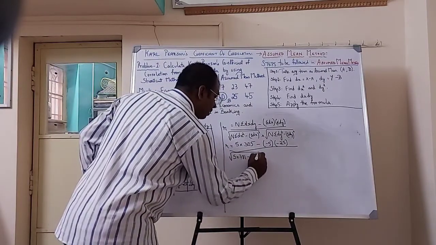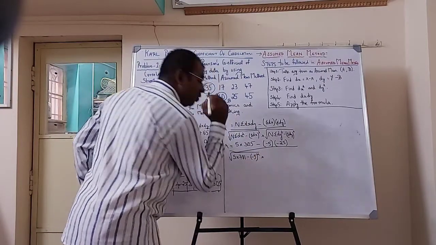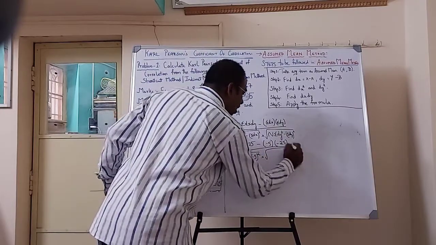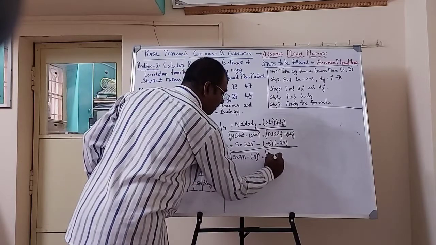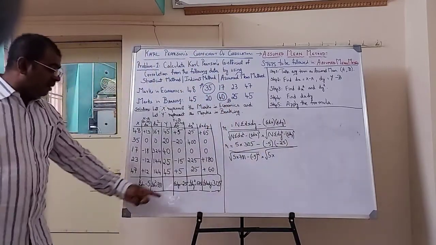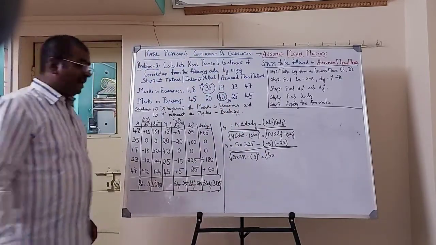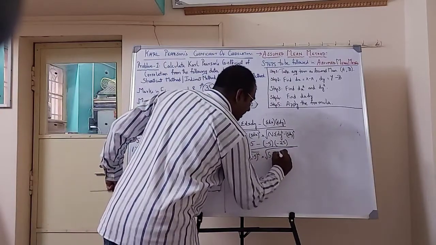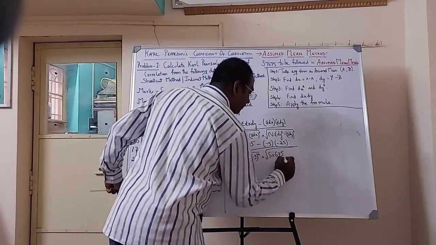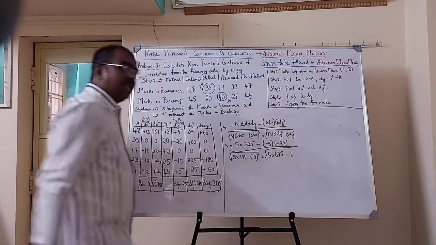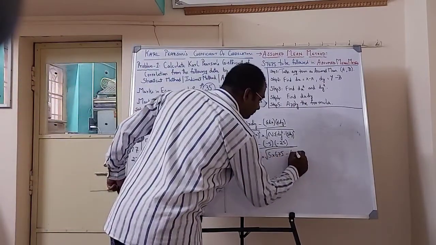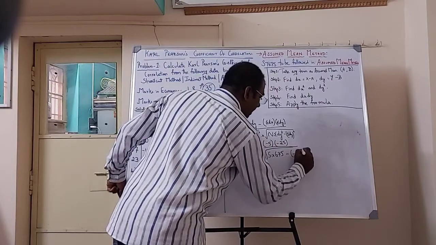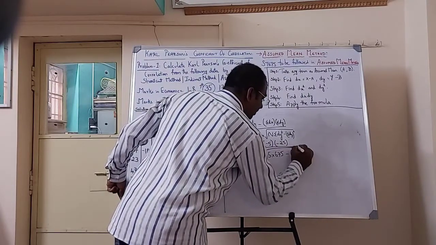minus 5 the whole square into square root of n sigma dy square. N is 5 and sigma dy square is 675. So sigma dy square is 675 minus sigma dy, which is minus 25 the whole square.